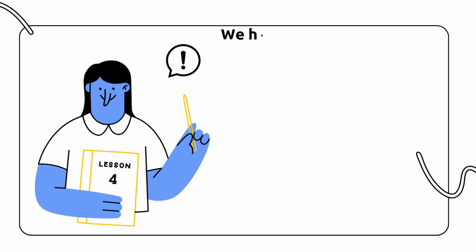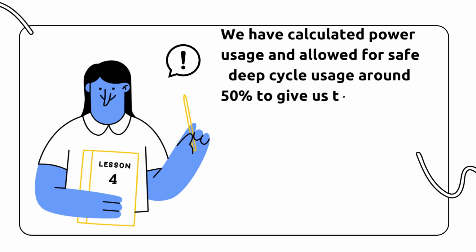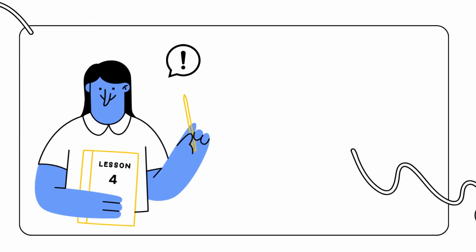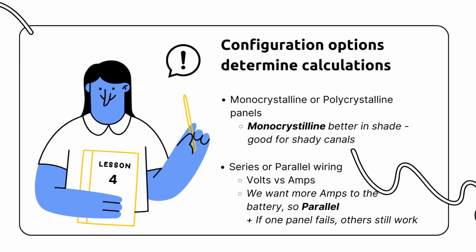Now, I'm not going to go into all the details of battery types, deep cycles, discharge rates, etc. But our battery bank makes allowances to give us 2 days of battery power without recharge or running the engine. Similarly, we're not going to go into the detail of the different solar panel types and how to wire them. Suffice to say that we're going for monocrystalline panels because it's better in the shade, good for the canals, and we're going to wire the panels in parallel because we want to eke out enough amps to charge the batteries.